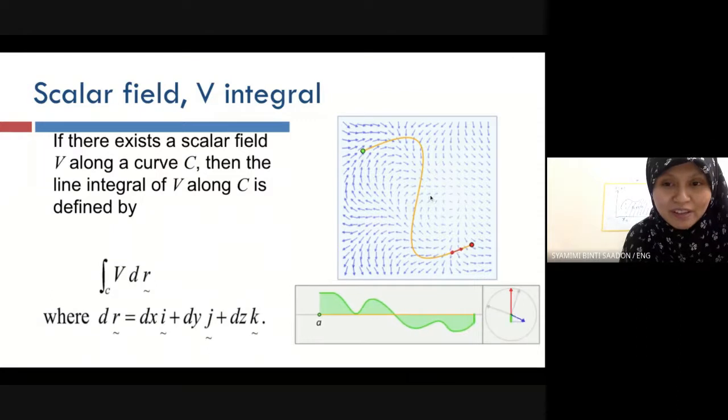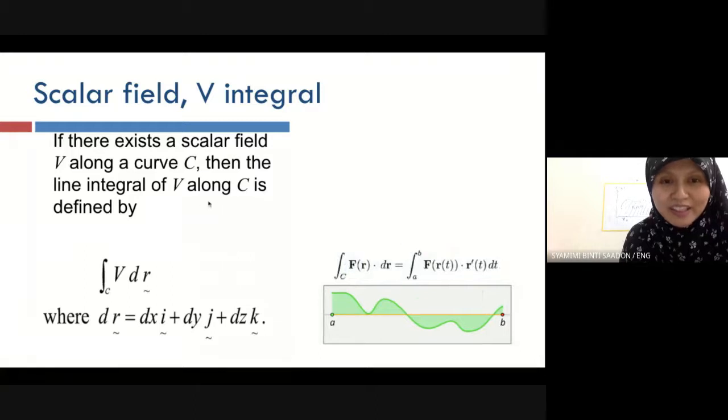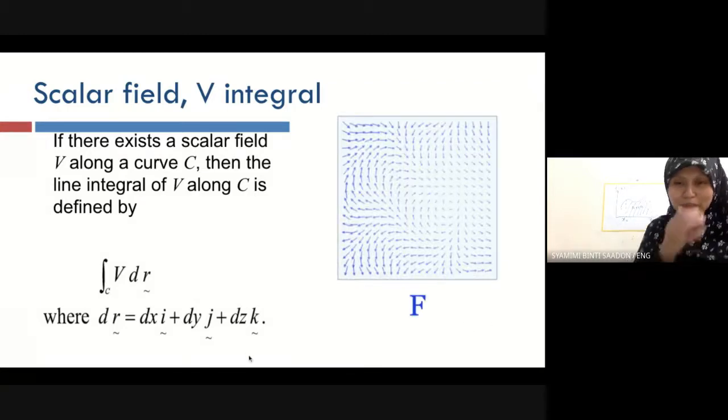For example, this is the curve. How to explain? If there exists a scalar field V, like this one, then the line integral of V along a curve C is actually defined by this area.